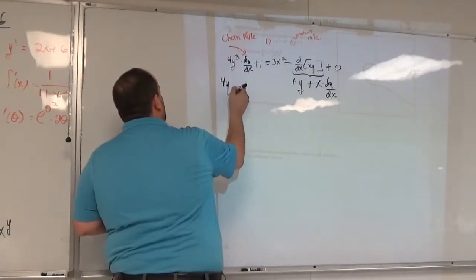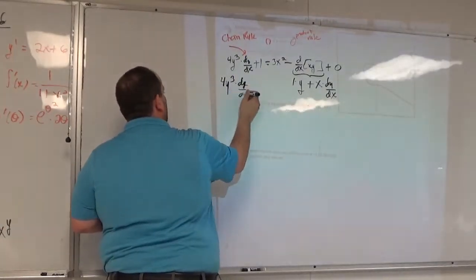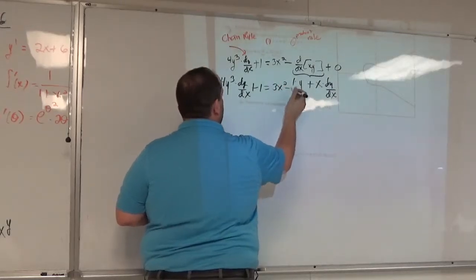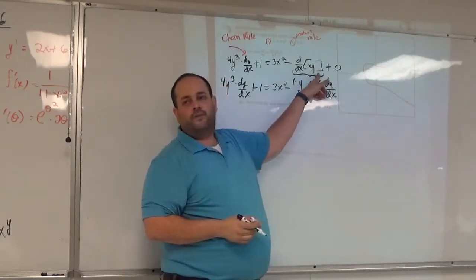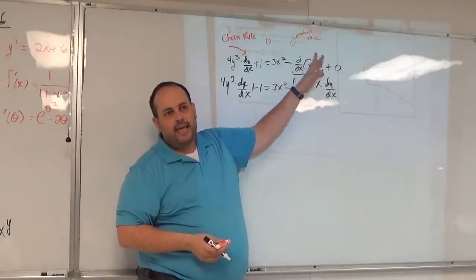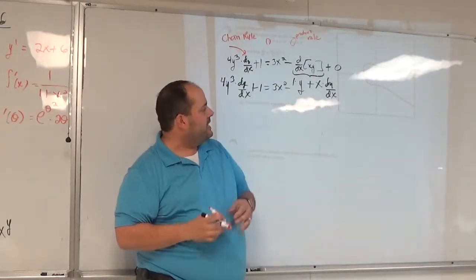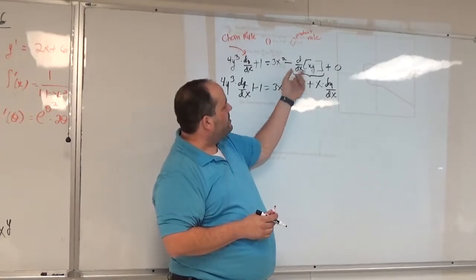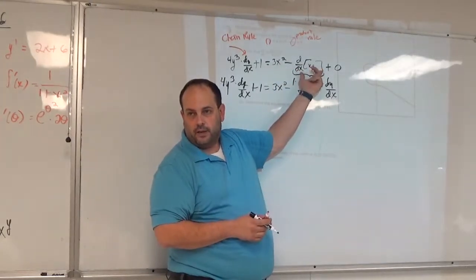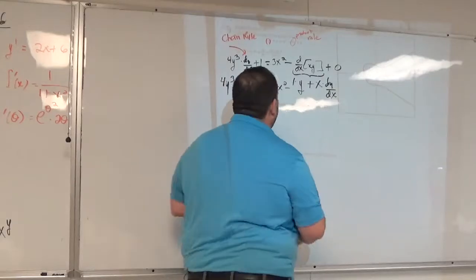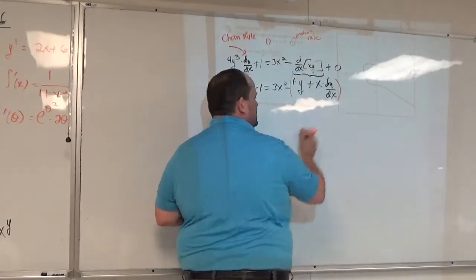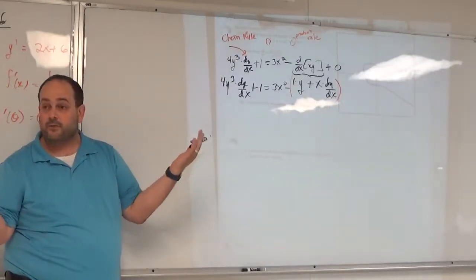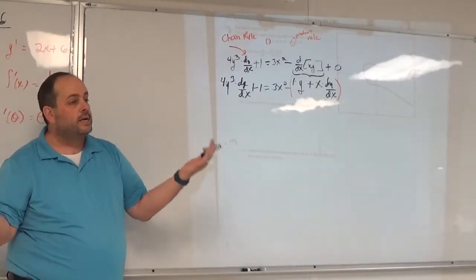So check it out. 4y cubed dy dx plus 1 equals 3x squared minus the derivative of xy. Here is the most lethal mistake you guys are likely to make. The derivative of xy is all of this stuff here, meaning you need the parentheses so that you remember to distribute.